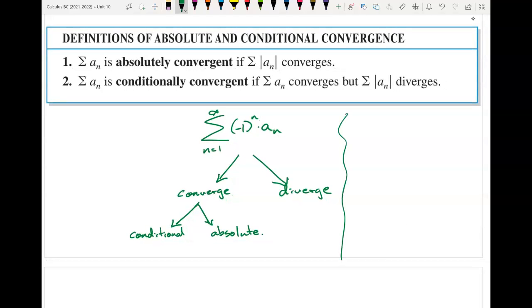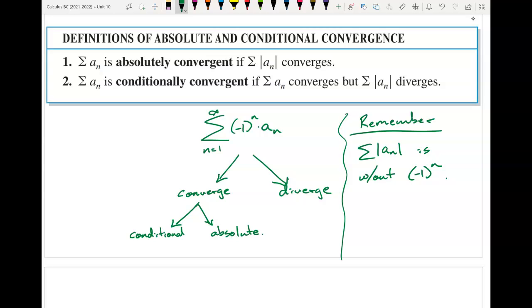I'm going to write this on the side, remember. A sum with the absolute value is without the alternating component. So when they're talking about the absolute value, they're talking about it without the alternating component, or sticking an absolute value on it.